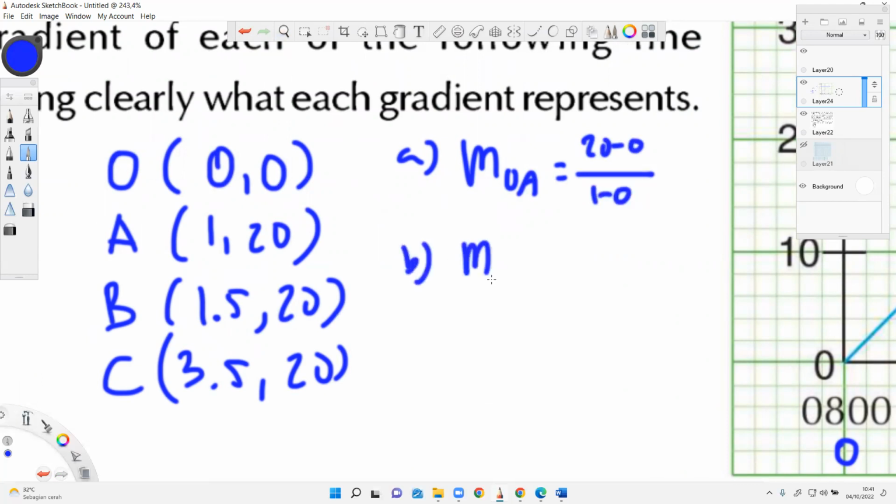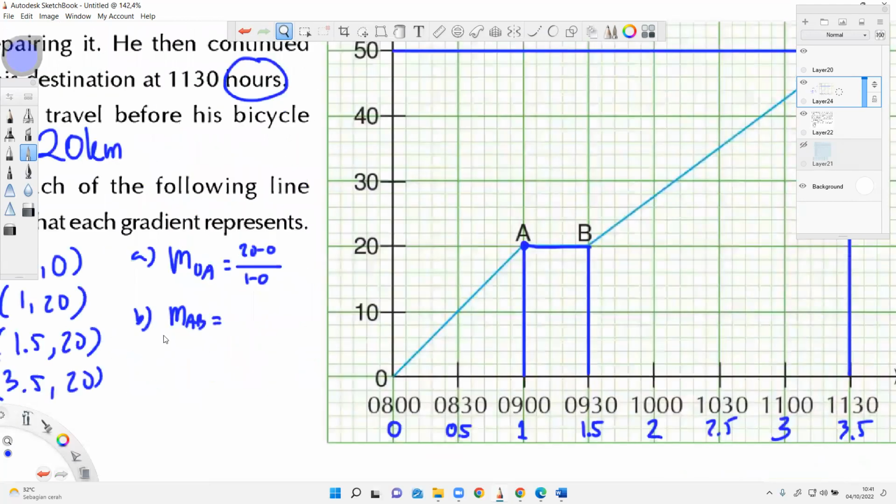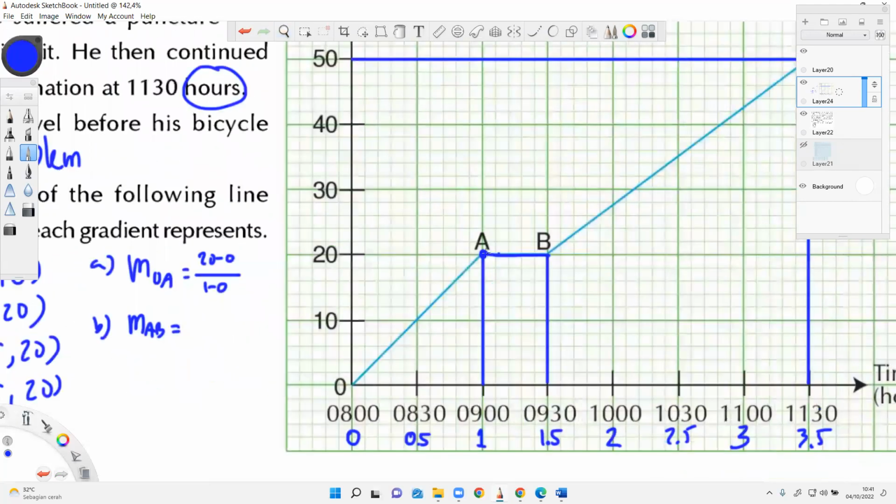MAB. What is MAB? Anyone? If you look at this, the line is horizontal, so the gradient is 0, right? You don't have to put any formula. If you want to put the formula, it's okay, but in my opinion, that's a waste of time. Okay, question C, MBC.